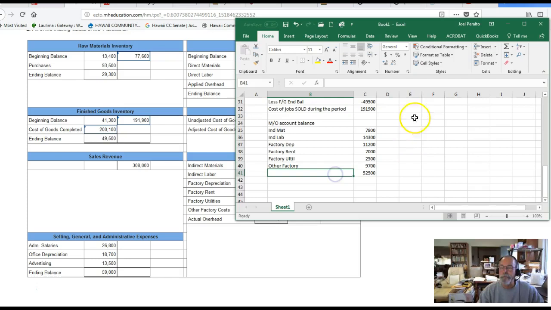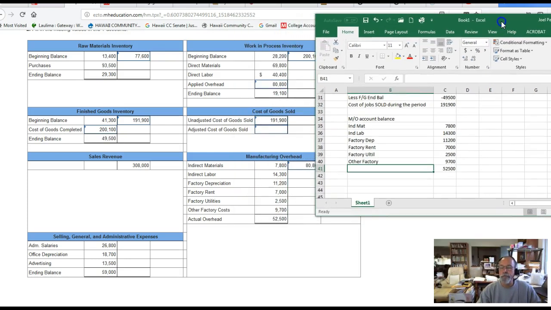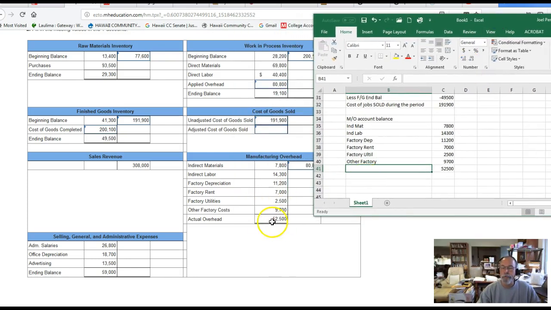and show this 52.5. Well, what does this represent? As we see here on the account, it's actual overhead incurred.